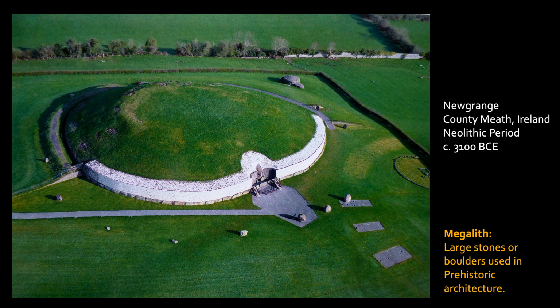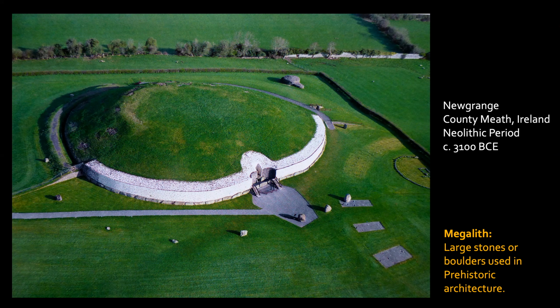It's referring to large stones or boulders in the prehistoric period. So we use that term when we're talking about Newgrange. We will use it when we are talking about Stonehenge. We will not use it when we move out of the prehistoric period. When we're looking at large stone constructions, say by the ancient Egyptians, those are not megaliths because we're no longer in the prehistoric period. So do make that note. That's an important note in terms of using proper vocabulary.